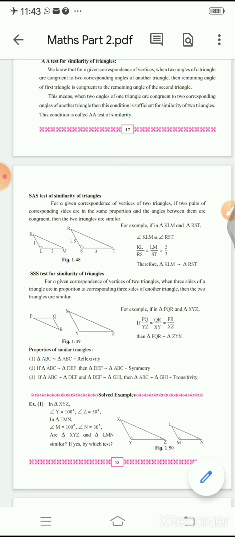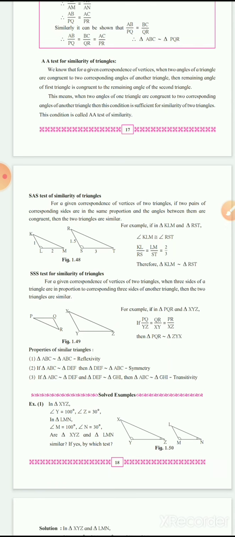Means three sides of a triangle are in proportion to corresponding three sides of triangle XYZ. So triangle PQR is similar to triangle ZYX. In this way, we have studied our three tests for similarity of triangles.